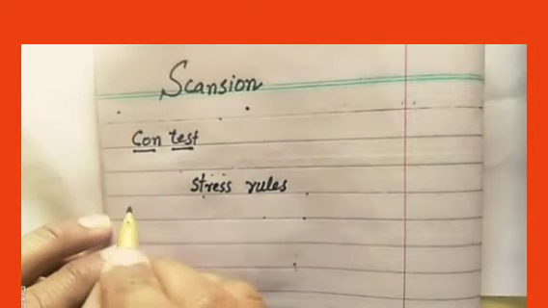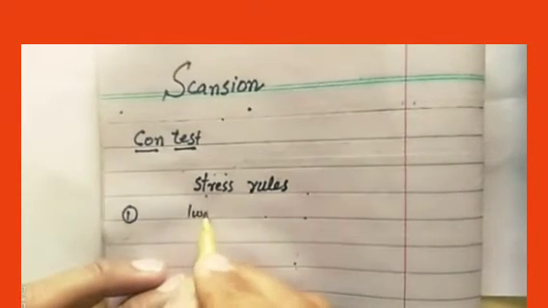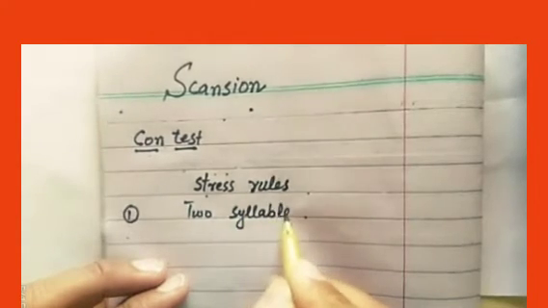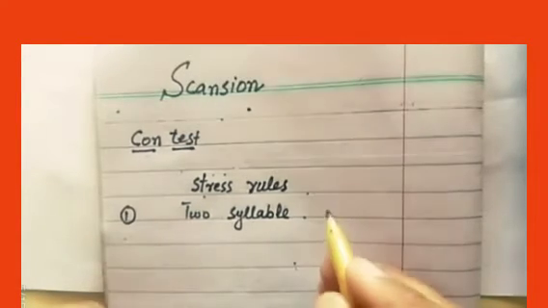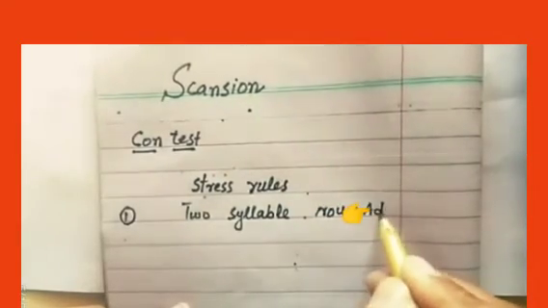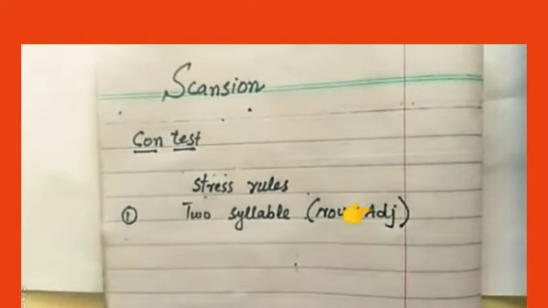Rule number one is, if a word has two syllables, a two-syllable word, and that word is a noun or adjective, then we will put emphasis or stress on the first syllable.